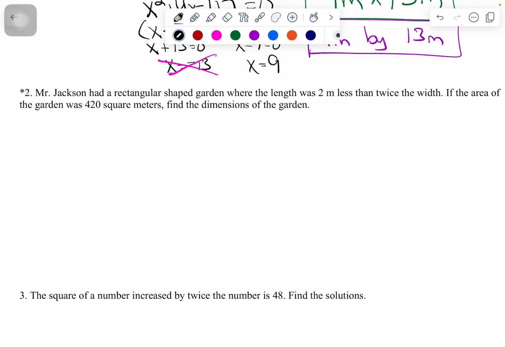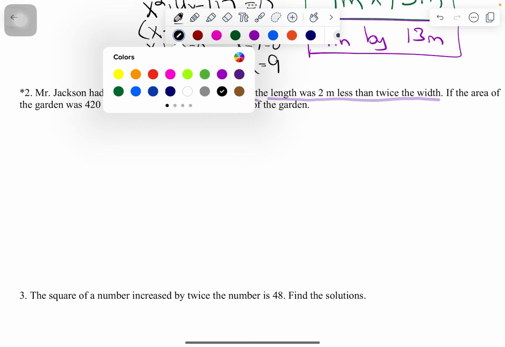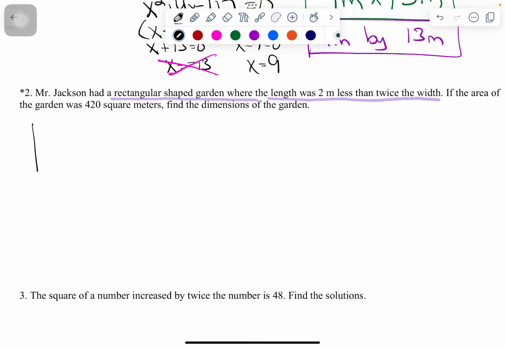Let's see. We have a rectangular garden where the length was 2 meters less than twice the width. Let's break this apart. Here's my rectangle. How wide is it? Don't know, going to call it W. Again, W, X, Y, Q, pick your variable of choice.